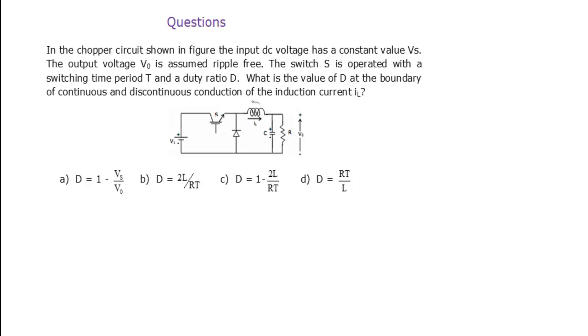In this case it is on the load side. If it is on the load side, this is a buck converter. Okay, that's the first point. Second point, what do we need to calculate? We need to calculate what is the D at the boundary of continuous and discontinuous conduction, that is nothing but critical conduction.